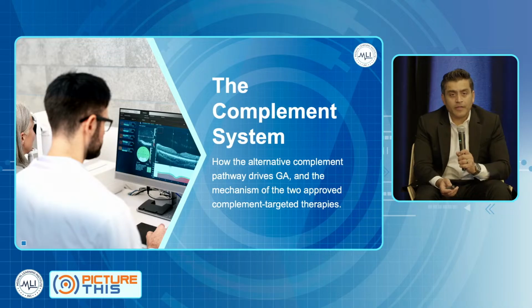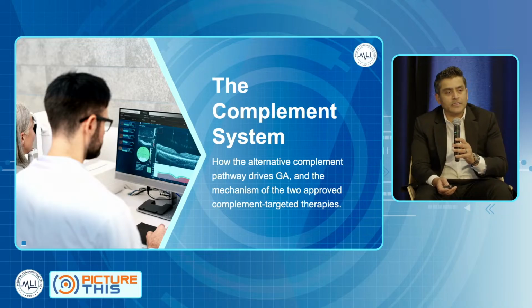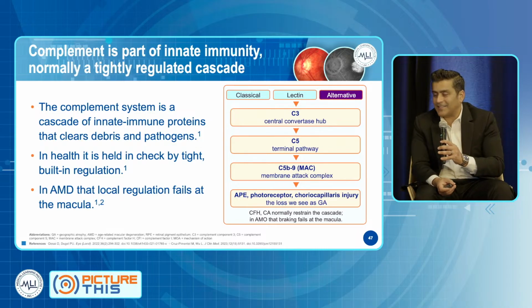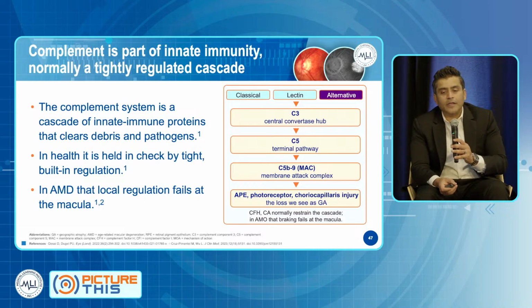Okay, so let's talk about the complement system. The goal here is to discuss how the treatments work so that we can help our patients slow down geographic atrophy. The complement system is very complicated, but to summarize and make it simple, it's a part of innate immunity, and it's a very tightly regulated cascade.